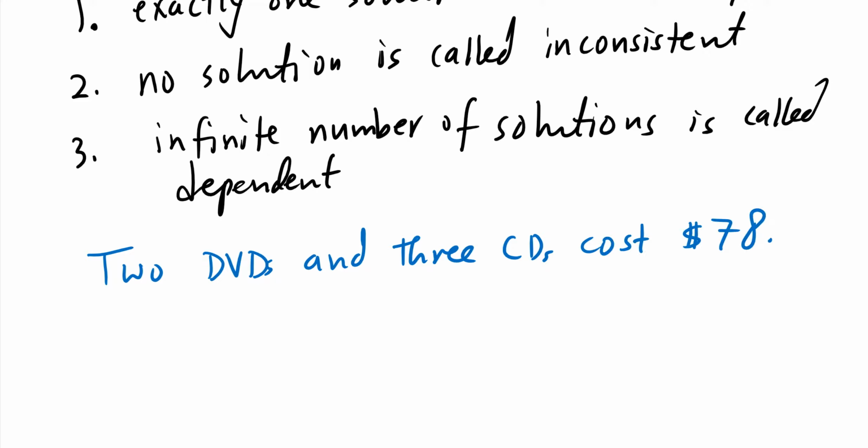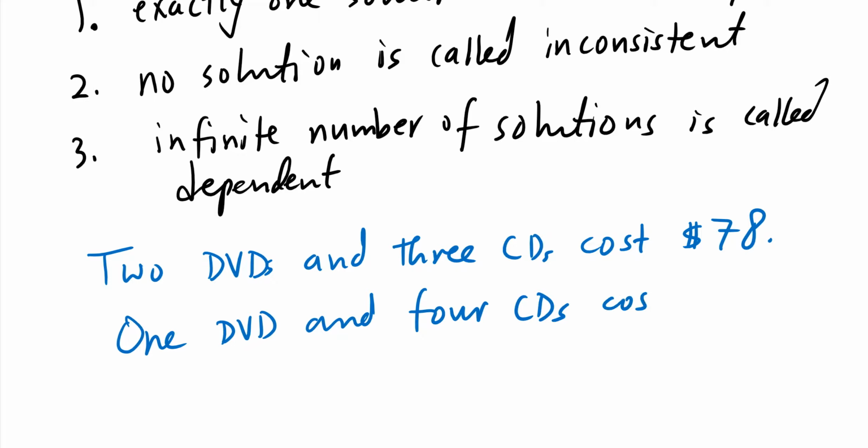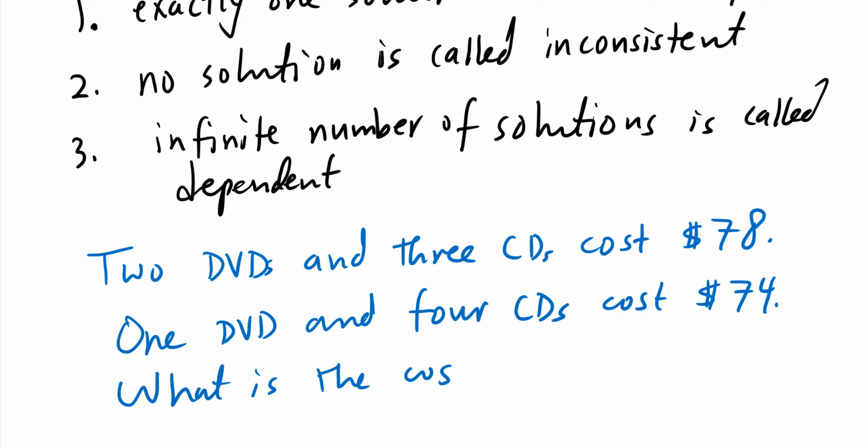Let's say 1 DVD and 4 CDs cost $74. What is the cost of a DVD?